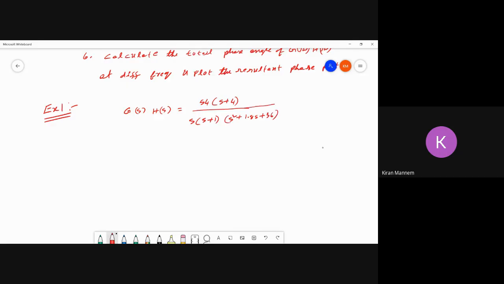Right? So this is your transfer function. We should construct the Bode plot for this.